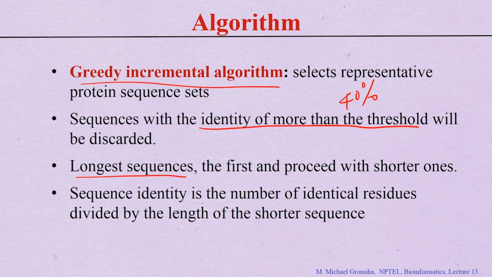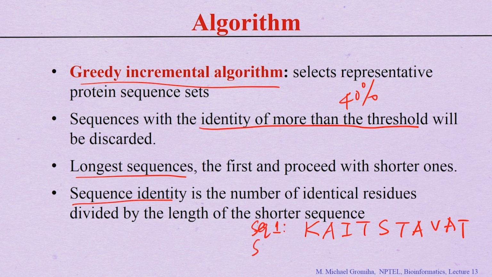And what is the sequence identity? We discussed earlier, sequence identity is the number of identical residues divided by the length of the shorter sequence. For example, if you have two sequences, this is sequence 1, then sequence 2, so what is the sequence identity?